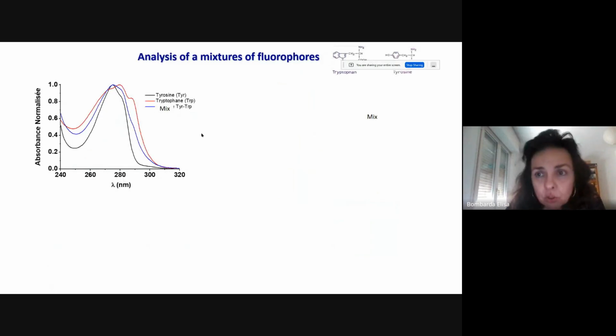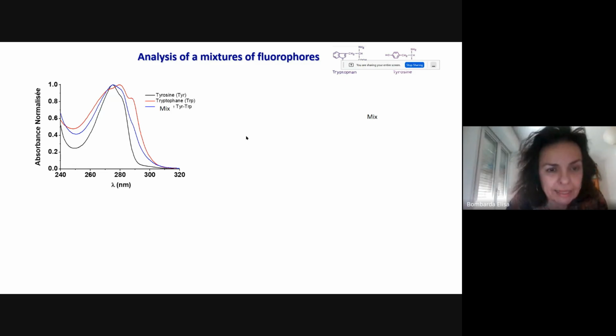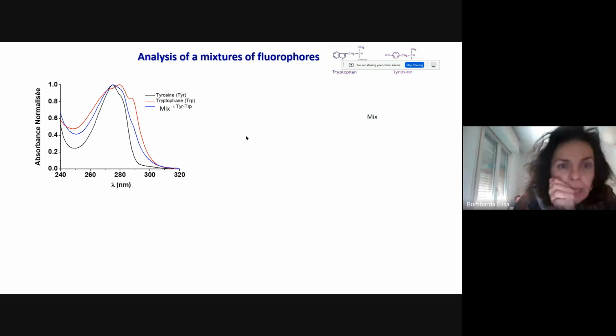So now let's see some analysis of a mixture of fluorophores, and some real experiments that were done. This is a mixture of tryptophan and tyrosine, which are two natural fluorescent amino acids in proteins.